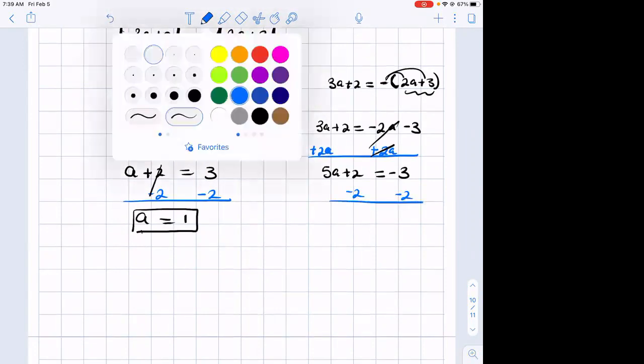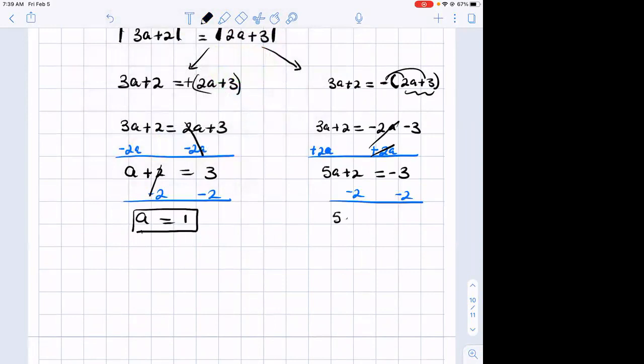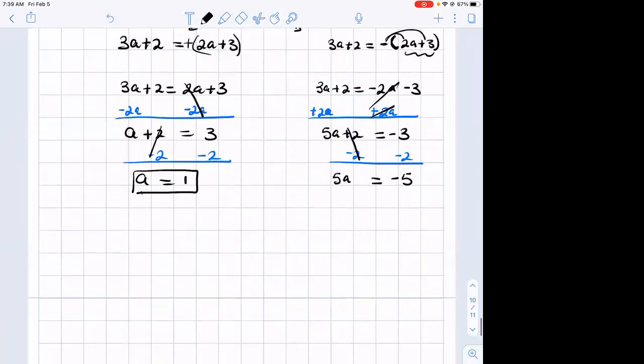So we have 5a, this becomes 0, is equal to negative 5. Okay? And to get a by itself, we will divide both sides by 5.